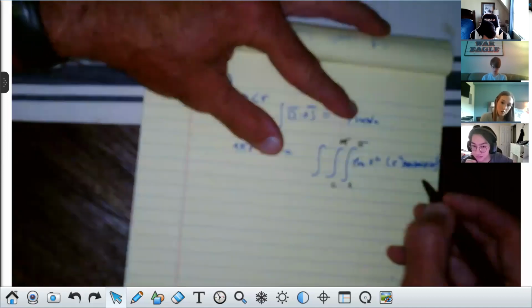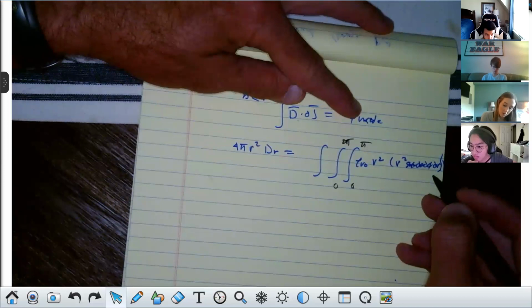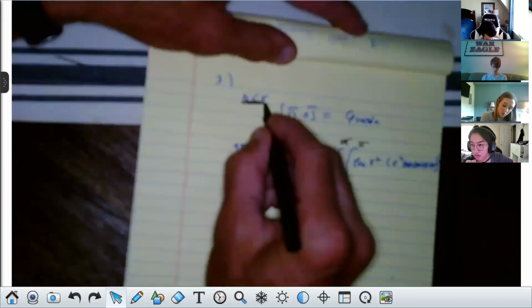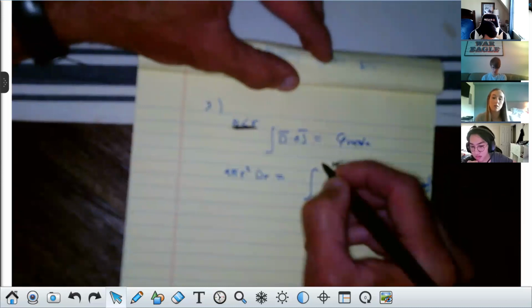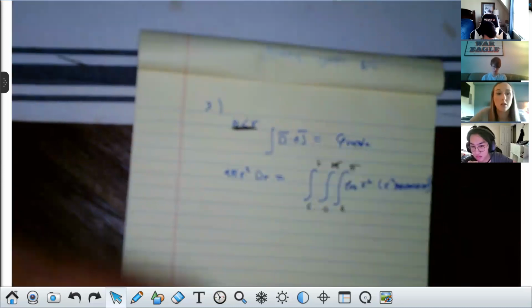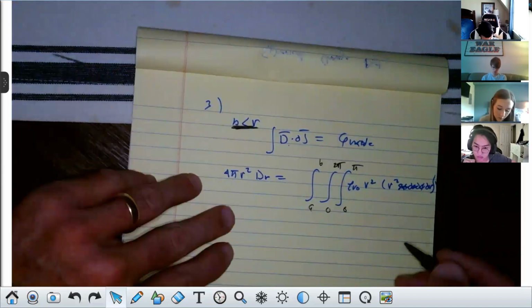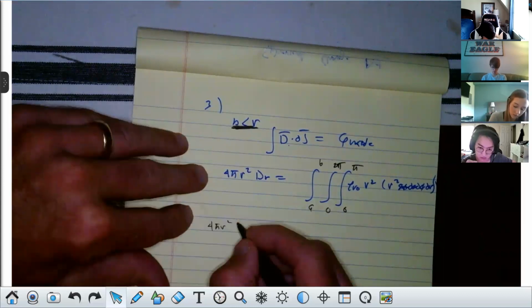And now, John, why don't you do this again? Where does R go from? Remember, we're outside, we're at greater than B. So A to B. Right. Now we integrate over all the charge possible, right? You can't get any more. And what happens when we do this? Now I have 4 pi r squared on this side times D of r.